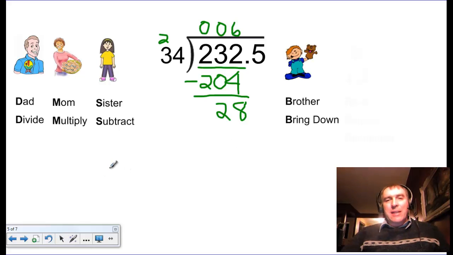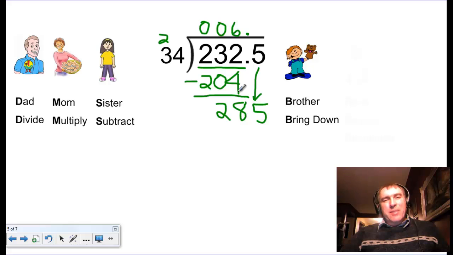And when we bring down, we've got the 5 coming down here. And we ask ourselves, how many 34s in 285? Don't forget, we have to move this decimal up there. And we know that 6 times 34 is 204.